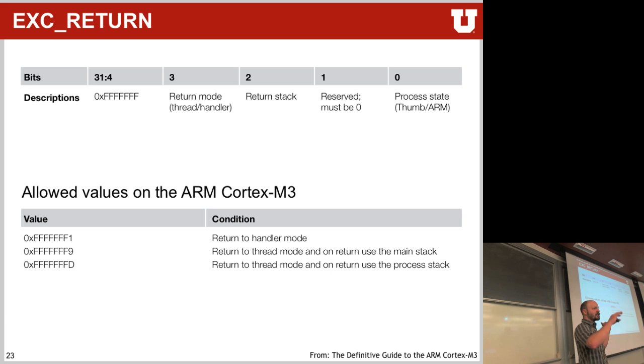You can give applications a separate stack in a different memory location, so that the main stack, where for example your kernel is running, has its own stack and the applications can access theirs themselves. With this return value, you can say, I want to jump back into an application, or I want to jump back into kernel mode itself. Most of the time, it will be F9 and F1.